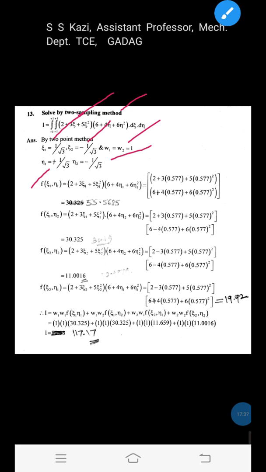Then you substitute: f of zeta 1 eta 1, you replace zeta by zeta 1 and eta by eta 1.